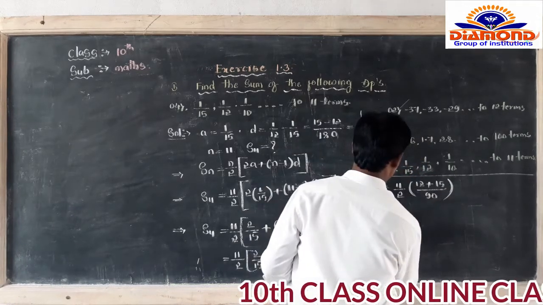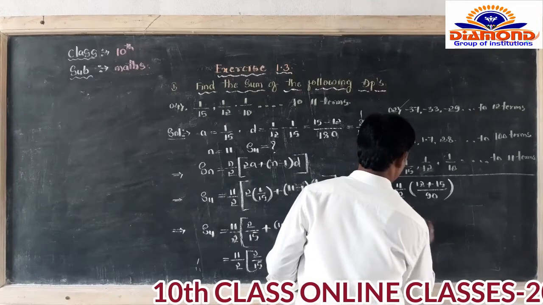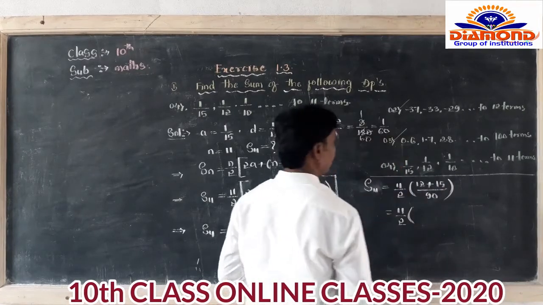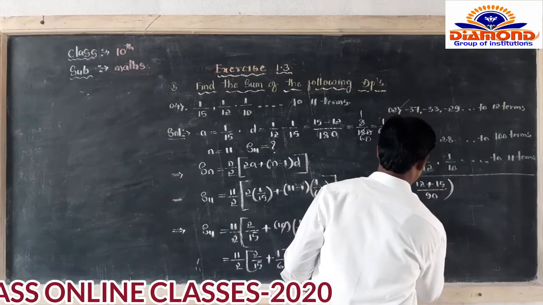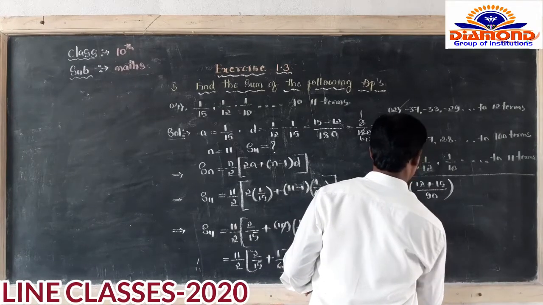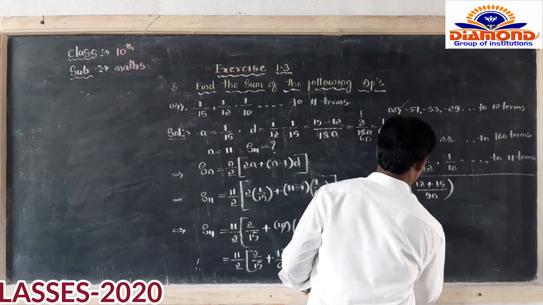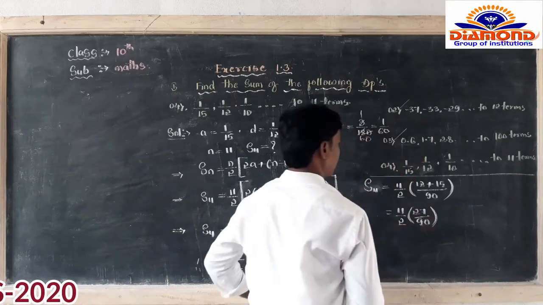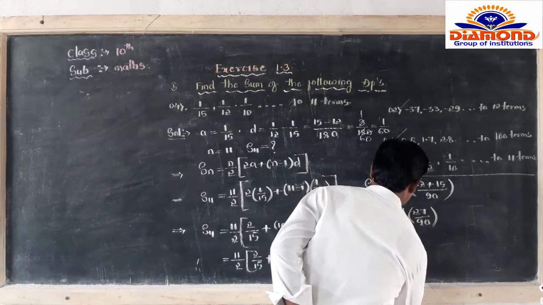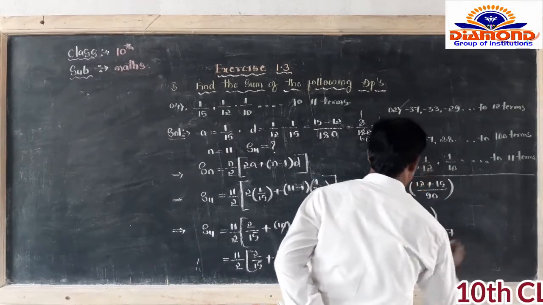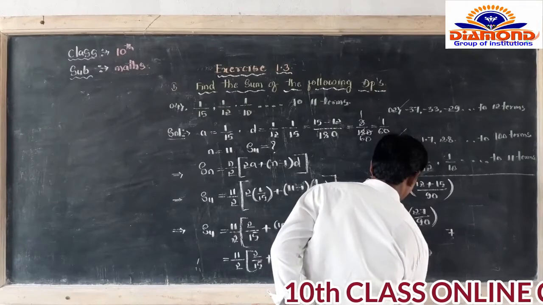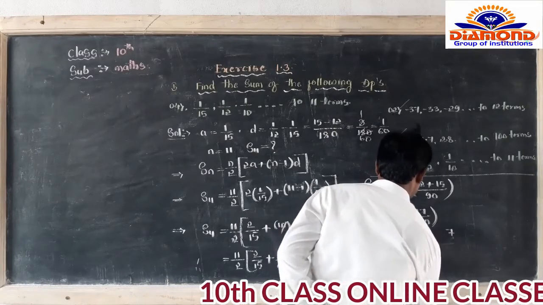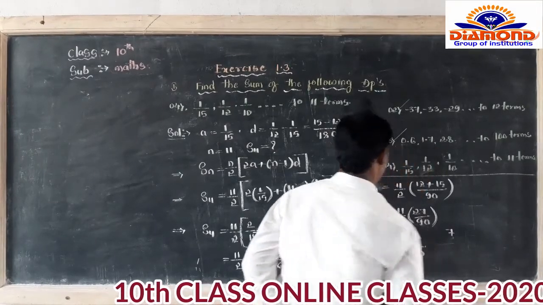Next step, 11 by 2, in the bracket 12 plus 15 is equal to 27 upon 90. So next step, 11 7s are 77, carry 7, 11 2s are 22, 22 plus 7 is 29, upon 2 9s are 18, 180 as it is.